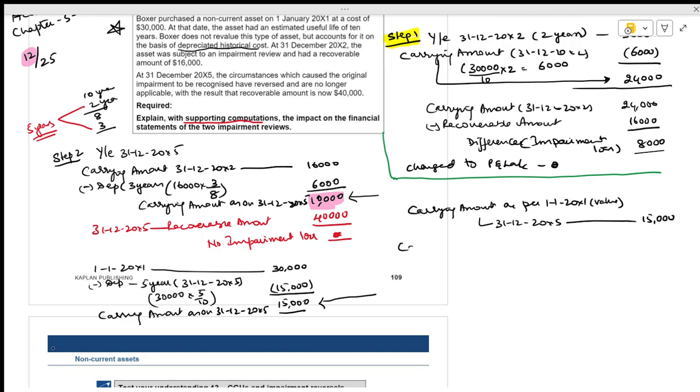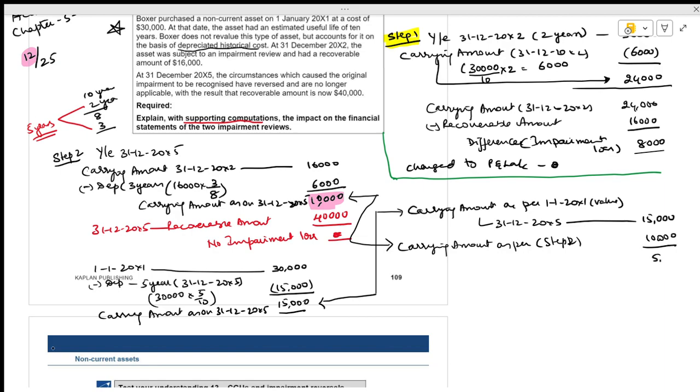This is related to this, and this is related to this. Now, the carrying amount as per the revaluation, step 2, is 10,000.